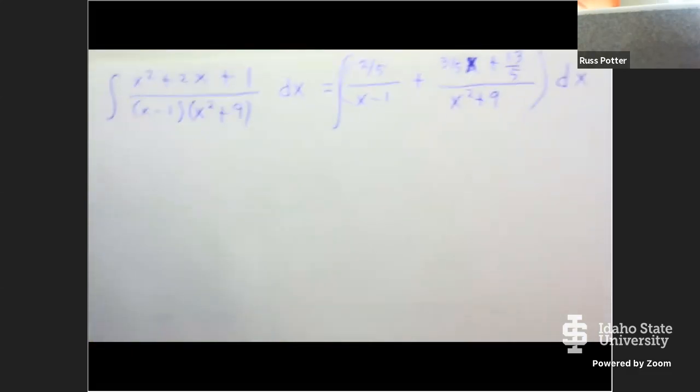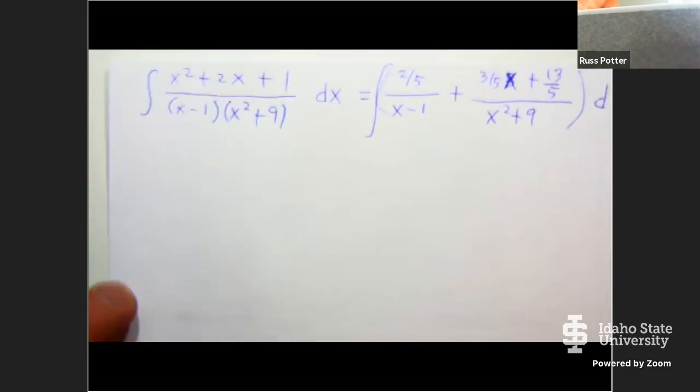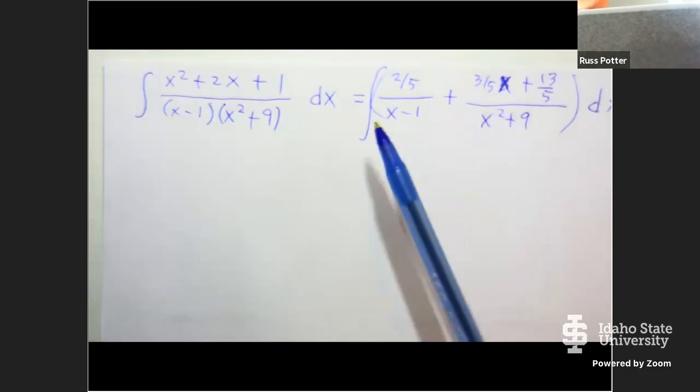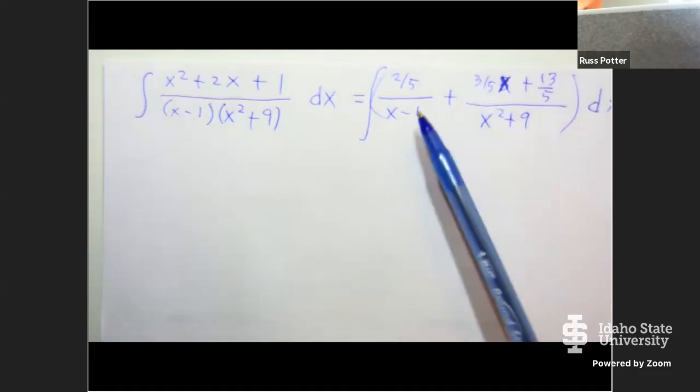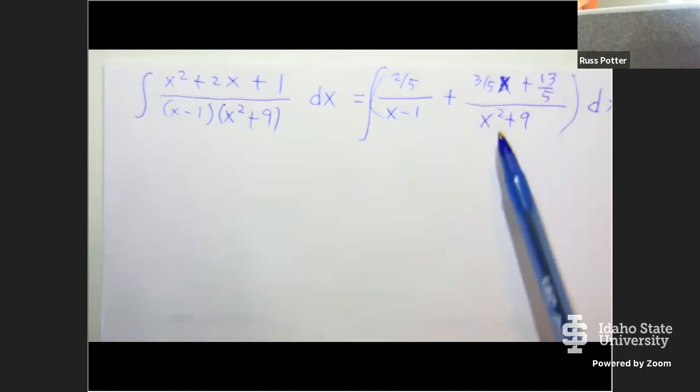Okay, so this is the indefinite integral that we started with. So remember we had a over x minus 1, and a is 2/5. And then plus bx plus c over x squared plus 9.